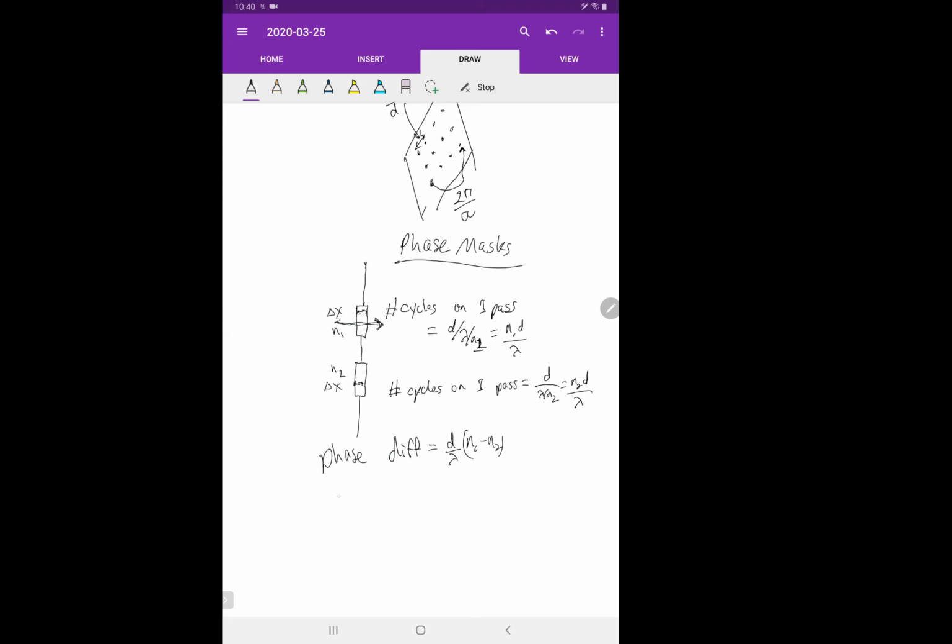Now what we're going to get is e to the i k y1 sine theta e to the i phi1, where phi1 would be 2 pi n1 delta x over lambda. Sorry, why did I write d? It should be delta x.